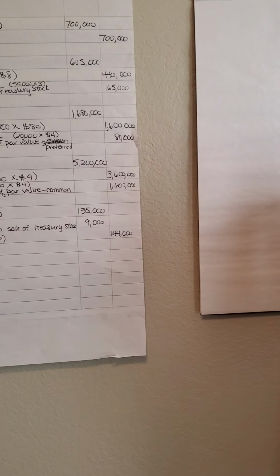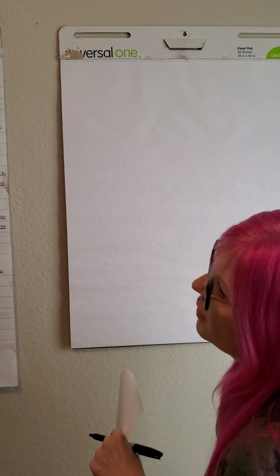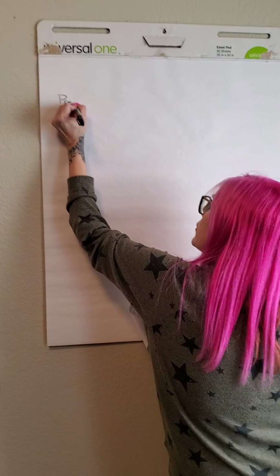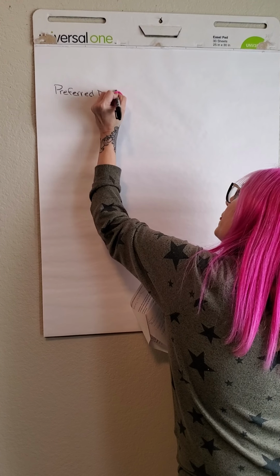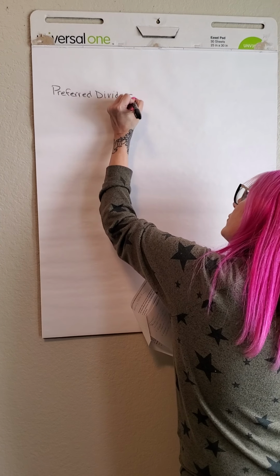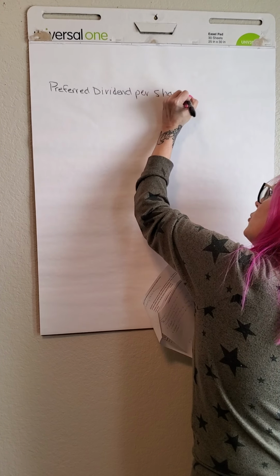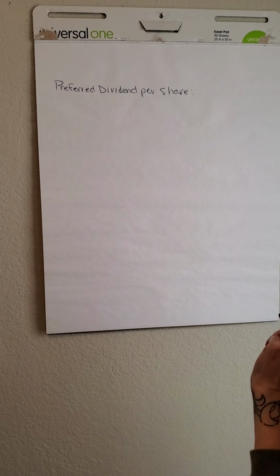So if we're looking at our shares, they have $80 par. So if you look at preferred dividend per share, what we do is we take the par value of $80.